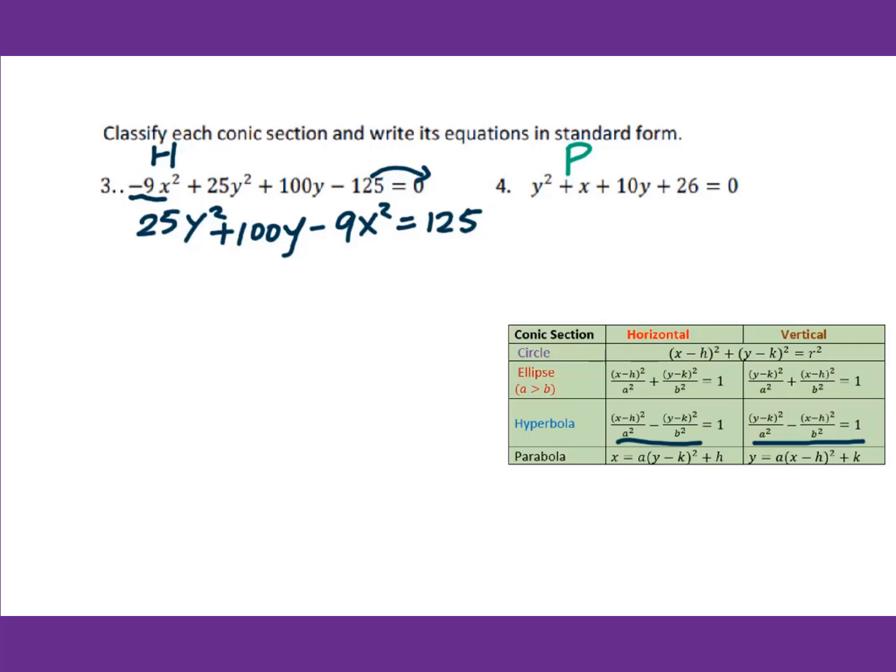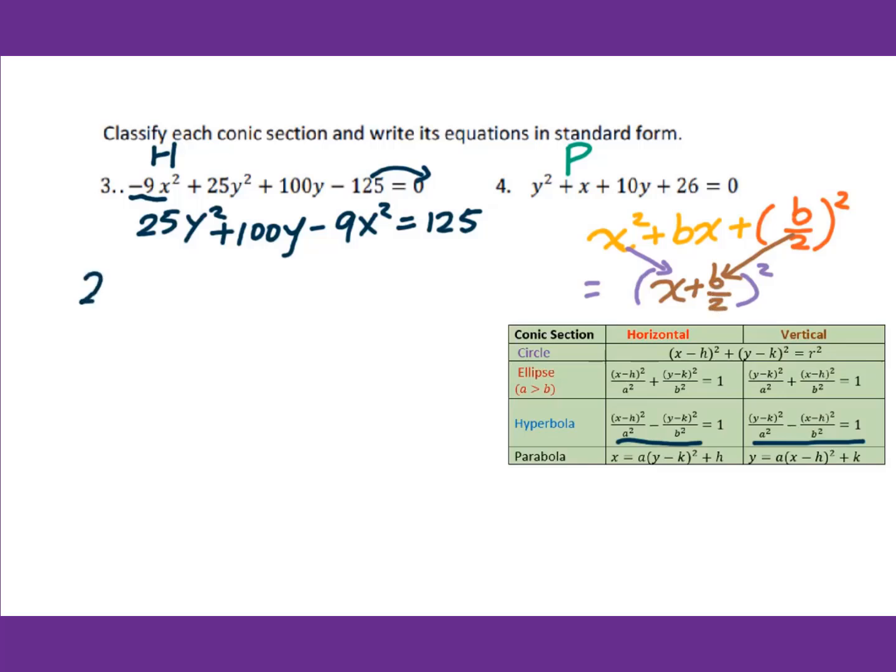Then we will do completing the square. For completing the square, here's the formula. You have x squared plus bx plus b over 2 squared, then equals something squared. From here, I got this x. From here, I got the b over 2.